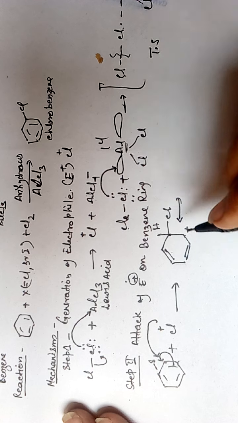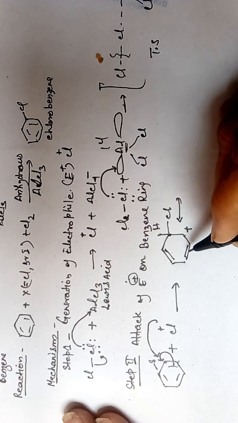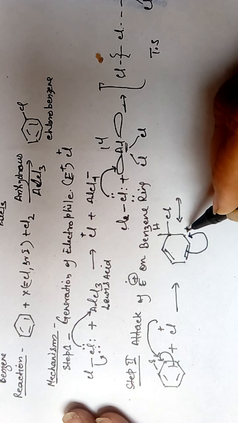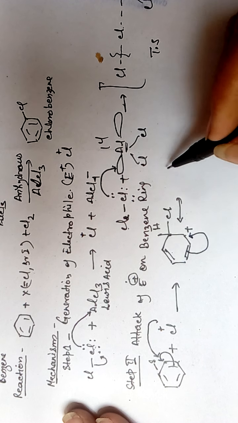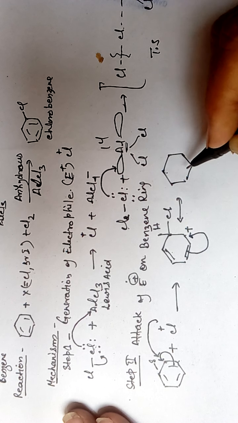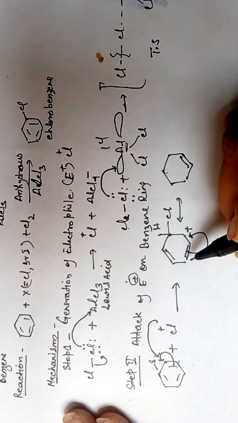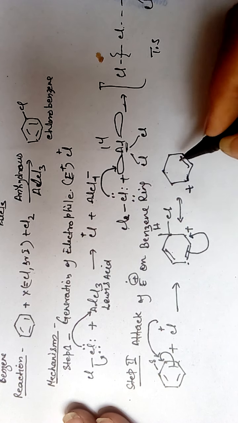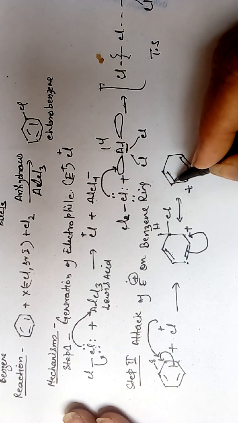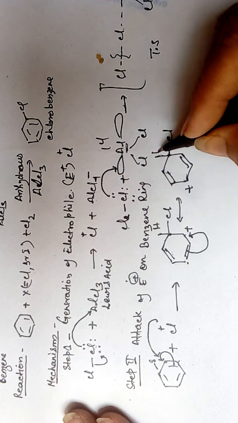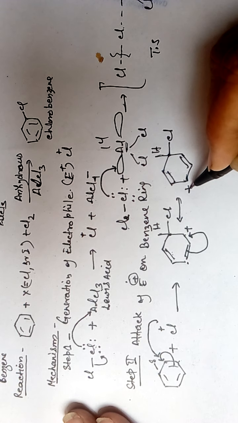Now this bond shifts here and it neutralizes this positive charge and a double bond forms here. In this next structure, a double bond forms here, and this carbon gets a positive charge, with Cl and H present. To neutralize this positive charge, this bond shifts here and forms a double bond here.